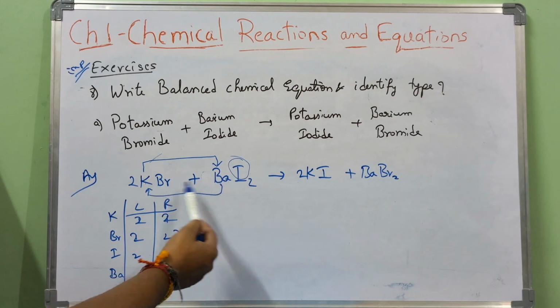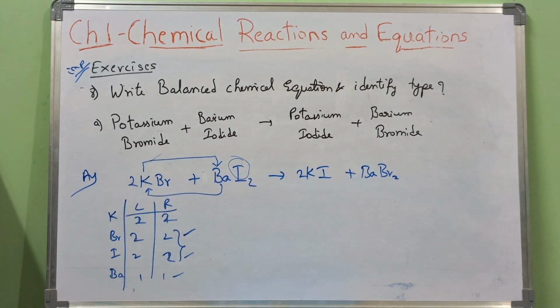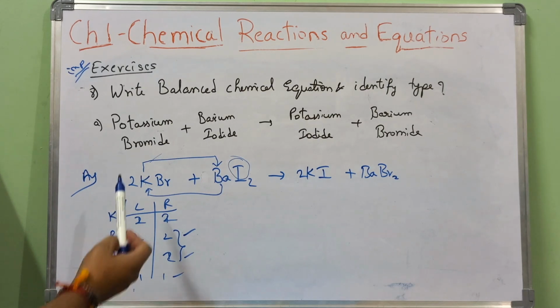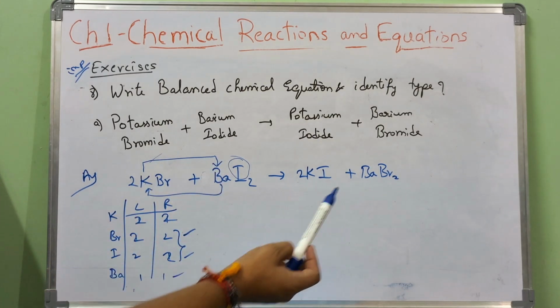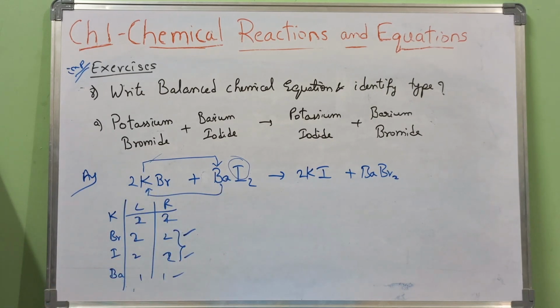In this type of reaction we say double displacement, because two things are getting changed. If in a reaction only one is getting changed and the other is left out, then it's called displacement. Whereas if two ions are getting interchanged on the reactant side and forming different products, then we call that a double displacement reaction.